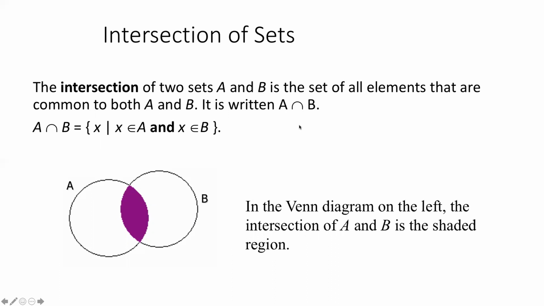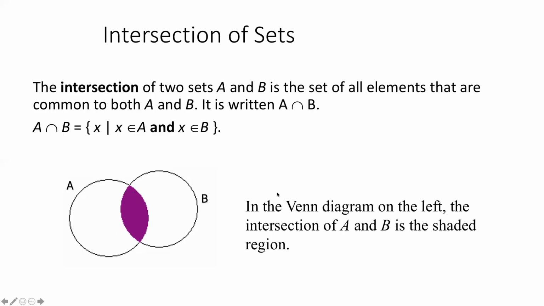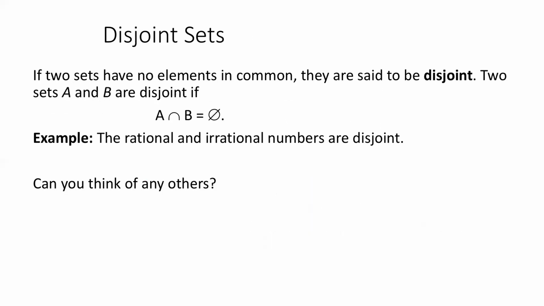If we were to go back a slide, you'll notice that there is no intersection with the irrational and rational numbers. So that would actually be considered the empty set if you were to go through and do that. So if two sets have no elements in common, they are said to be disjoint. So sets A and B are disjoint if A intersect B is the empty set.